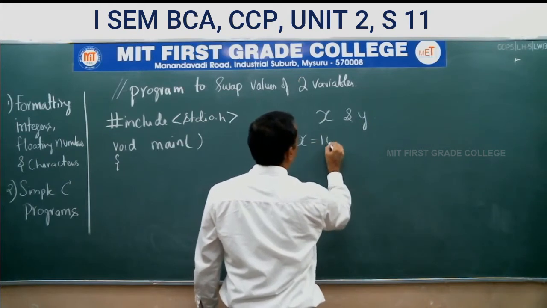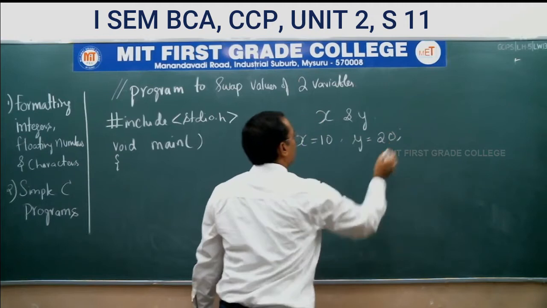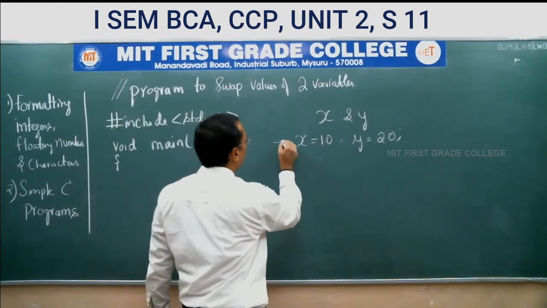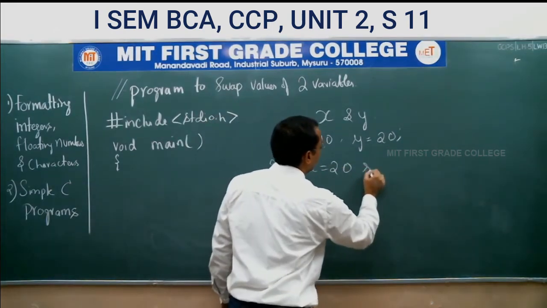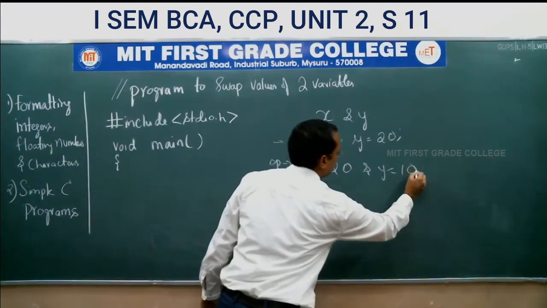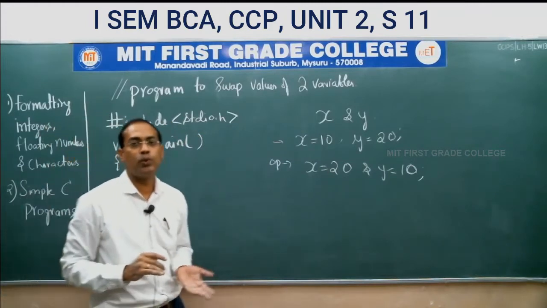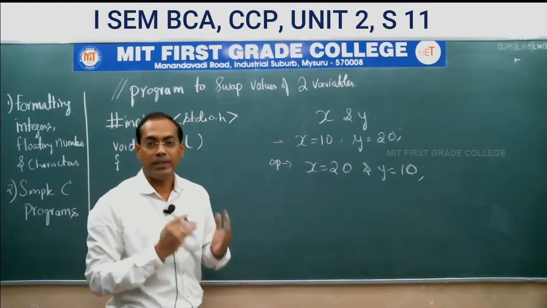X is equal to 10 and y is equal to 20. So what is the output we are expecting? The output should be x value as 20 and y value as 10. So this is what swapping means. We are exchanging the contents of two variables. How to do this swapping, we'll see now.